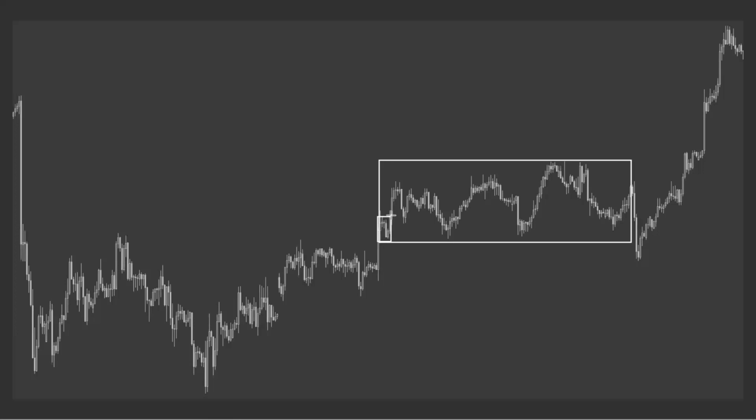There's your flag limit. You will have had people shorting this breakdown, expecting both this range to end and this uptrend to end, for price to carry on down, to start breaking down. And given the general rule of thumb I just explained, that you can expect the trend to go on for longer than you think it will, and the range to continue for longer than you think it will, expect continuation. These are the people you want to be trading against.